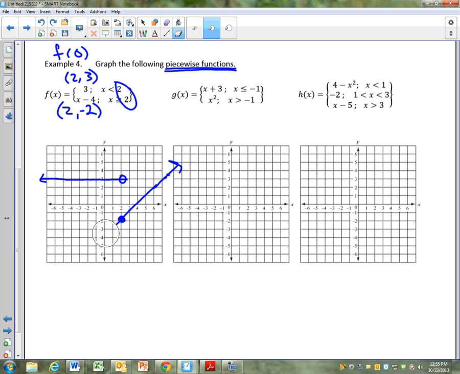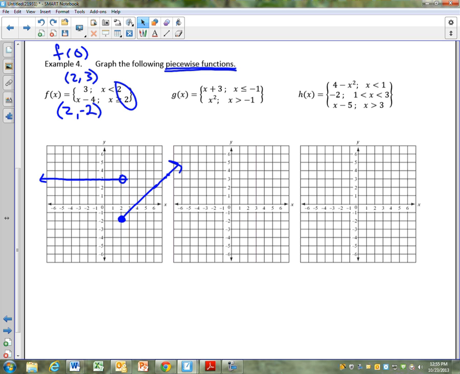I erase the left because I only want the stuff that's greater than or equal to 2. So that's my piecewise function. 2 parts, the graphs, just like we thought, but we have to get rid of the parts that are not part of the restricted domain. Okay.